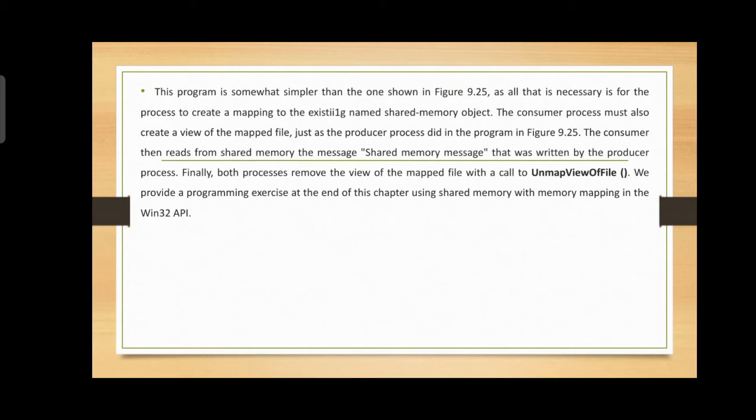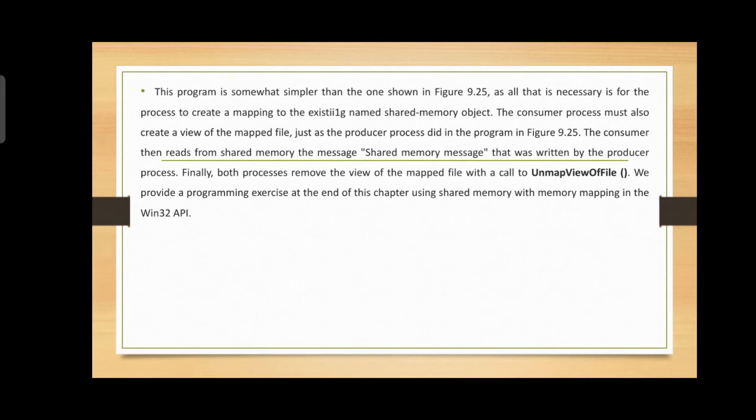The consumer then reads from shared memory the message that was written by the producer process. Finally, both processes remove the view of the mapped file with a call to UnmapViewOfFile. We provide a programming exercise at the end of this chapter using shared memory with memory mapping in the Win32 API.